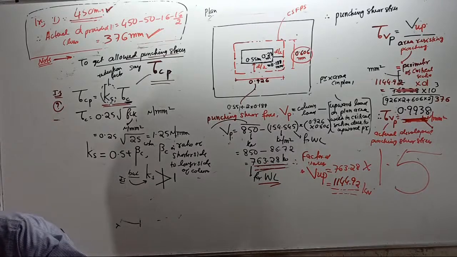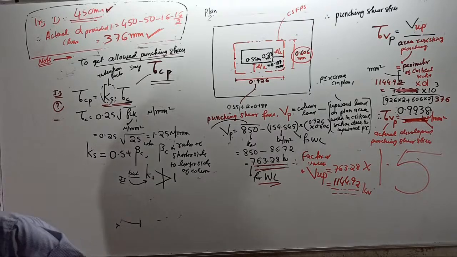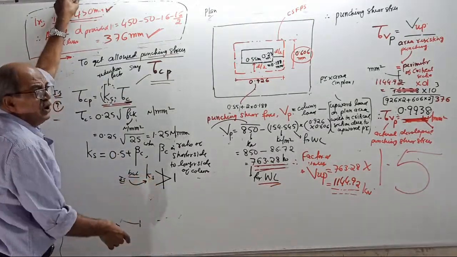If it is a square section, 1 plus 0.5. Oh, you require half an hour for this also. 1.5. But IS code told you should not take more than 1, so take 1.